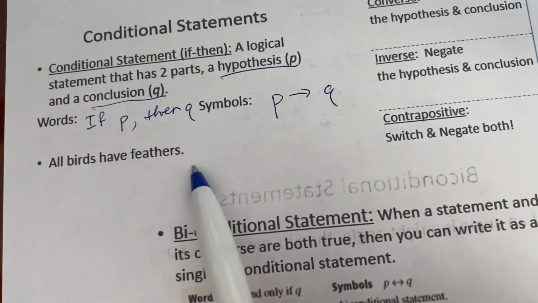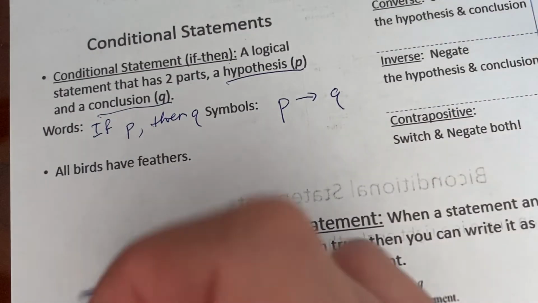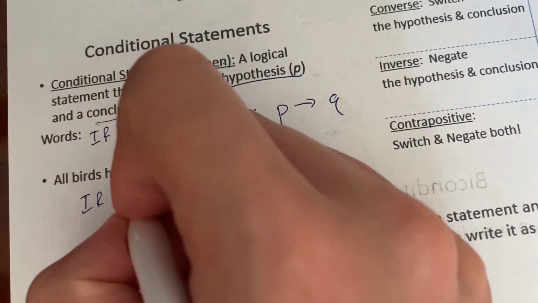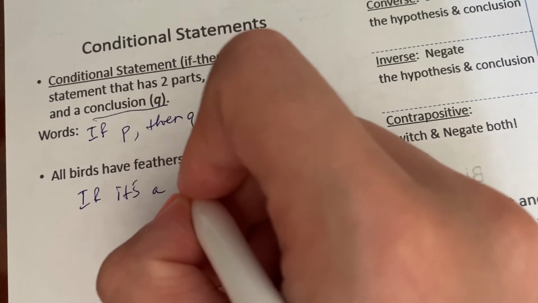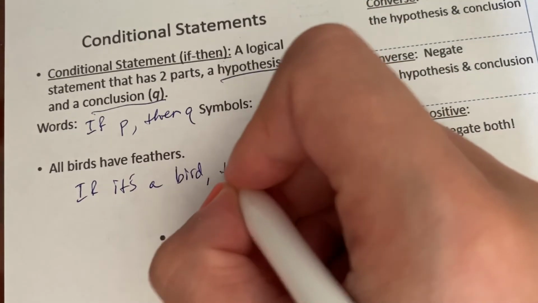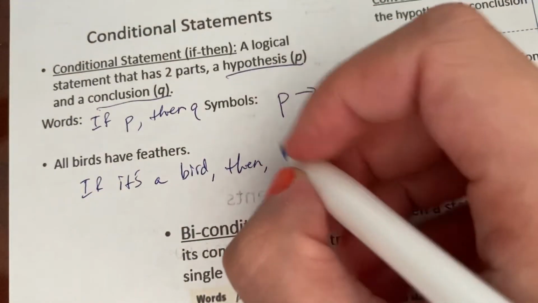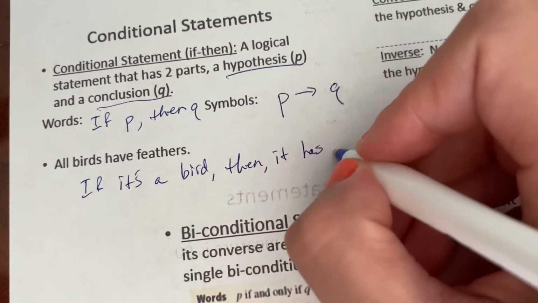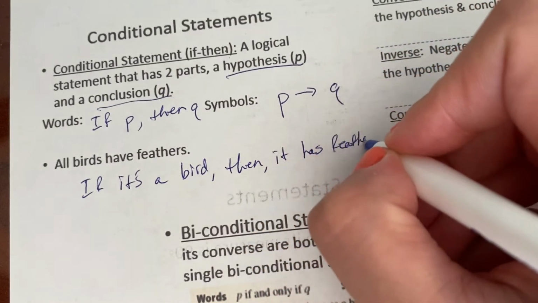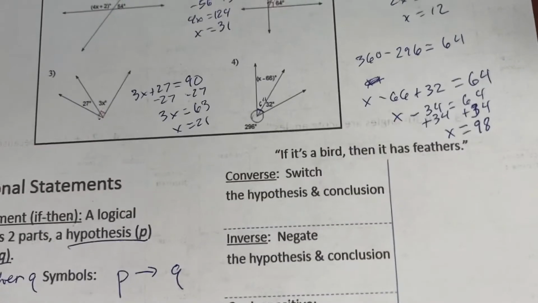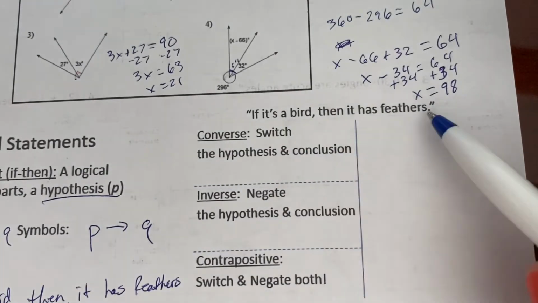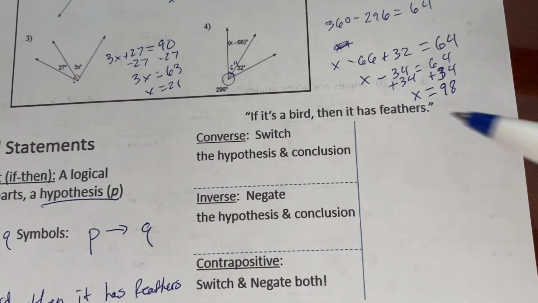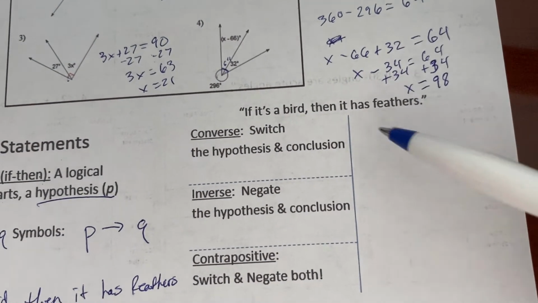All birds have feathers. Okay, so if we want to write this in words, we'd say if it's a bird, then it has feathers. So if it's a bird, then it has feathers. So what we do for, this is another vocab word, we take our conditional statement and create a converse.